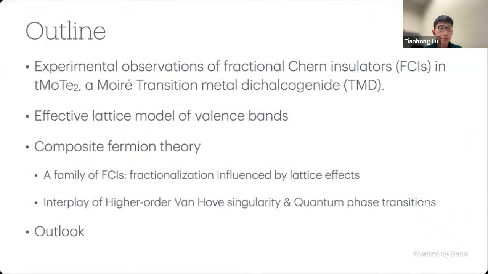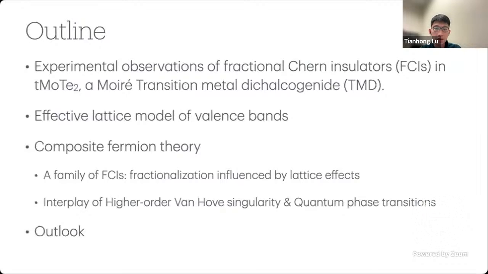So there are 4 components in my slides. First, I'm going to start with experimental observations of fractional Chern insulators in the system Twisted Bilayer MoTe2, or for simplicity, tMoTe2, which is a transition metal dichalcogenide material, which I'm going to introduce later. And then I will introduce an effective lattice model for the valence bands, because in experiments, they dope the system with holes, so valence bands are what they're interested in.